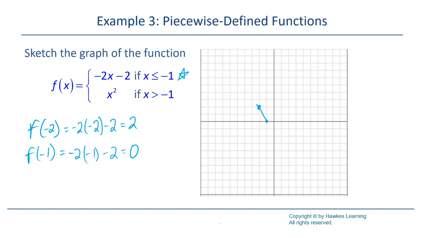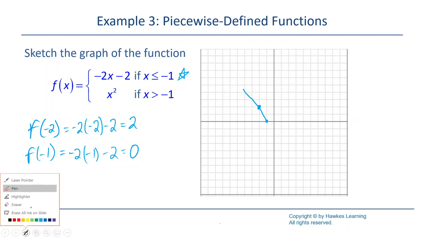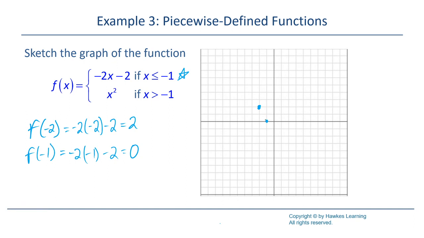So if I can draw this correctly. Close enough. I don't include anything to the right of -1 from here.